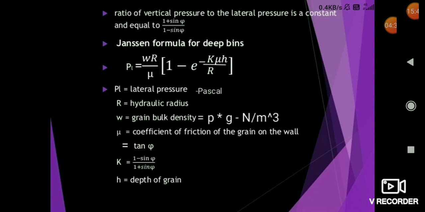After that, whatever unit you want to convert to, suppose horsepower, kilopascal, megapascal, you can. But first I will suggest you calculate your pressure in Pascal, not in any other unit. Otherwise you can get confused.